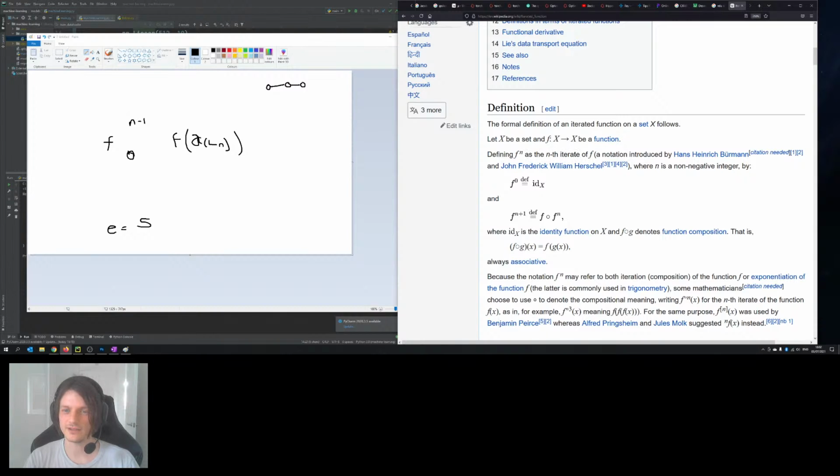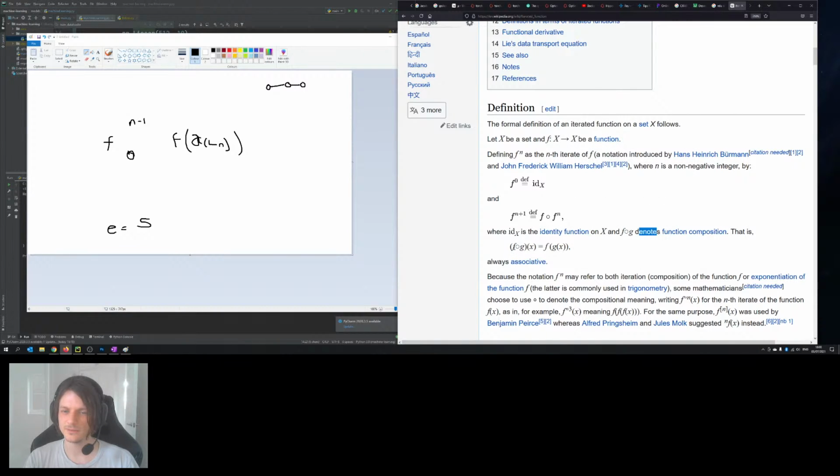Defining f^n as the nth iteration of a function, a notation used by Hans Heinrich Bürmann and John Frederick William Herschel, where n is a non-negative integer, by f^0 = id_X and f^(n+1) = f ∘ f^n, where id_X is the identity function on X and f ∘ g denotes function composition.